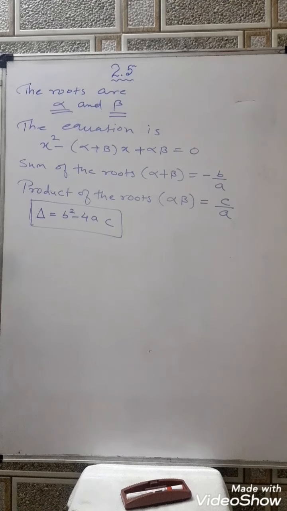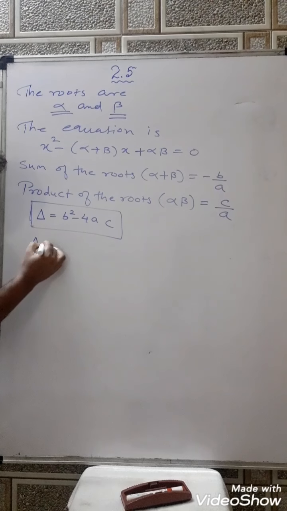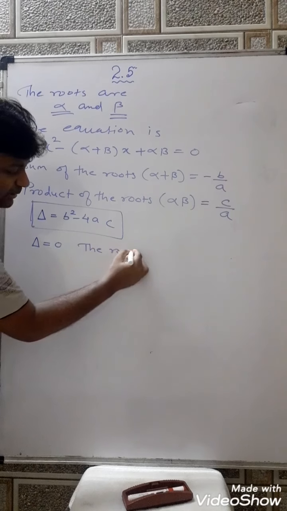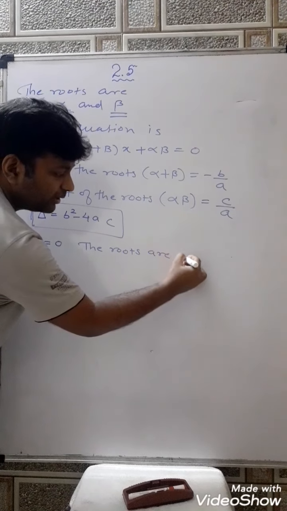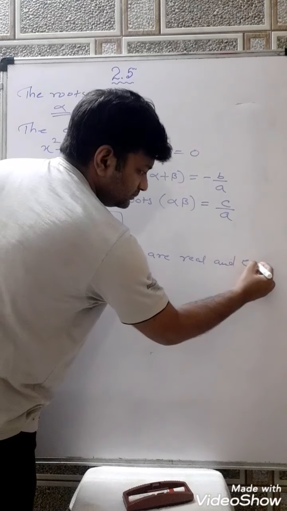Now what is the nature of the roots by this sign? When delta equals 0, the roots are real and equal.